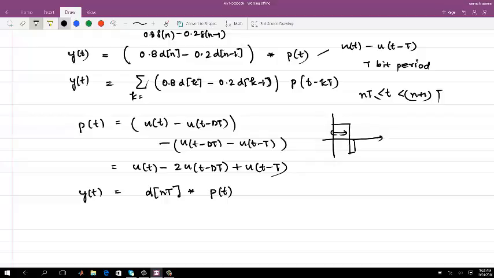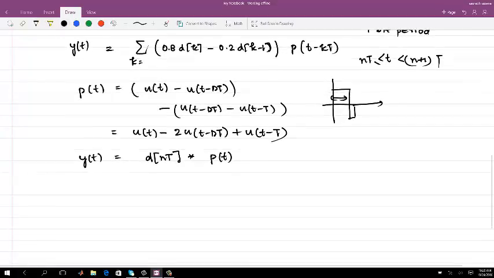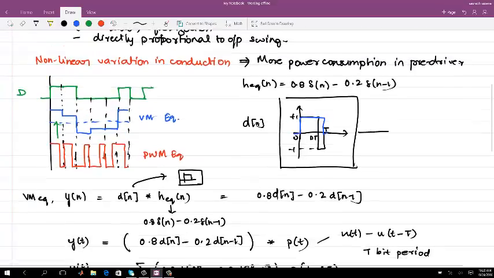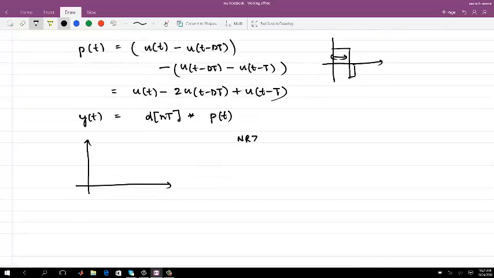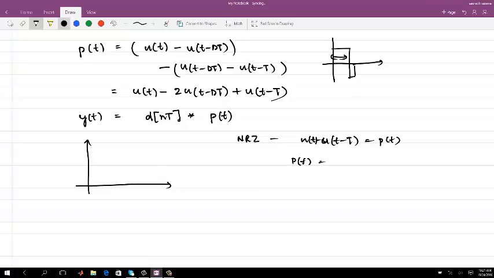An important thing here is, if you look at the NRZ pulse, which you have seen here, let's say the NRZ pulse waveform is u of t minus u of t minus T, which is p of t. So P of f is a sinc function, right?